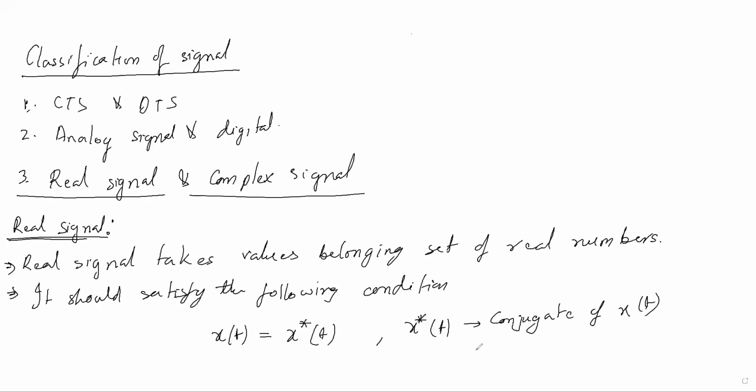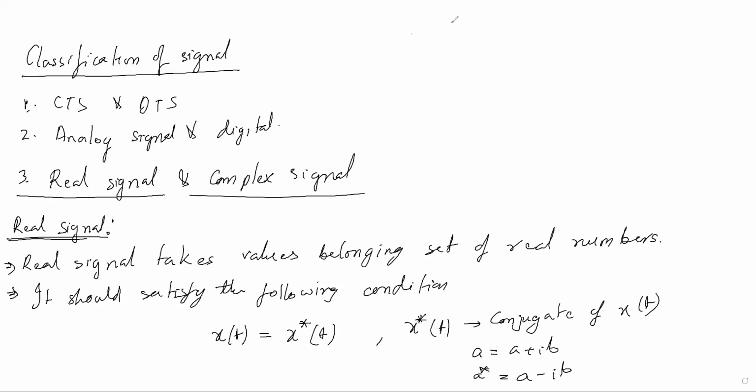I think you know what a conjugate is. Suppose a value a is given as a plus ib or jb. When you take a star, or the conjugate, it will be a minus ib. Understood? So a real signal should satisfy x(t) equal to x star (t).